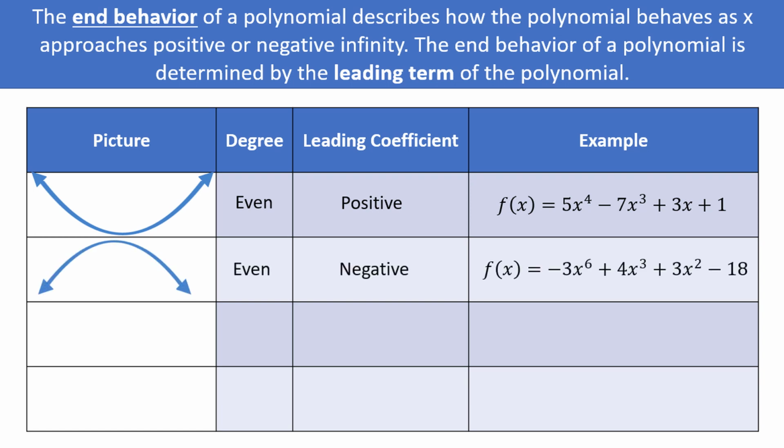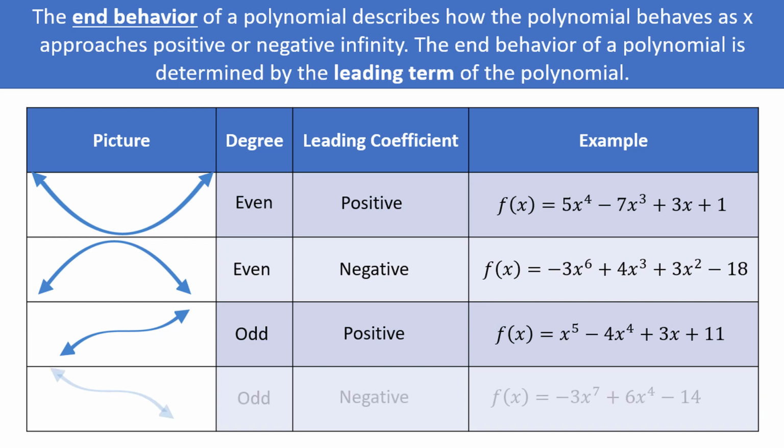For even degree polynomials with a negative leading coefficient, we approach negative infinity in both directions. For odd degree polynomials with a positive leading coefficient, we approach positive infinity as x increases and negative infinity as x decreases. For odd degree polynomials with a negative leading coefficient, we approach negative infinity as x increases and positive infinity as x decreases.